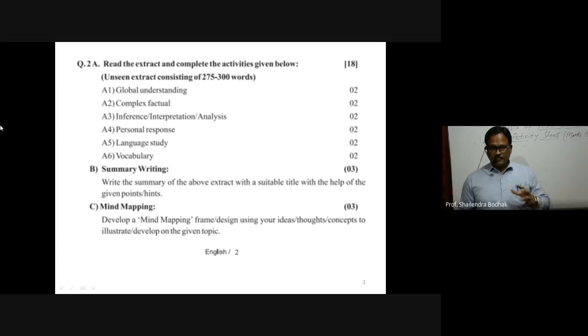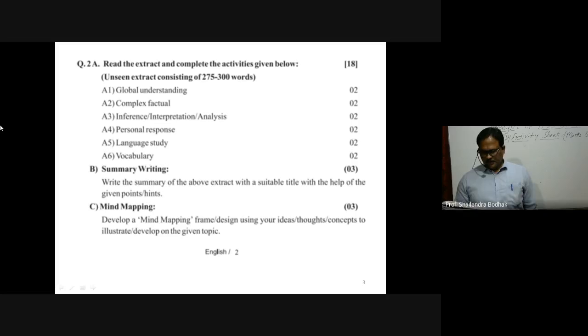You have to study that passage from all angles, dividing in parts, or you have to do the dissection work. Okay. Then A4, personal response. Again, in personal response, you will have to express your views, your opinions, your ideas, or similar situation, or they may ask you to imagine.